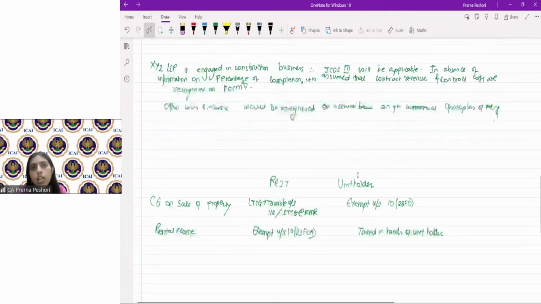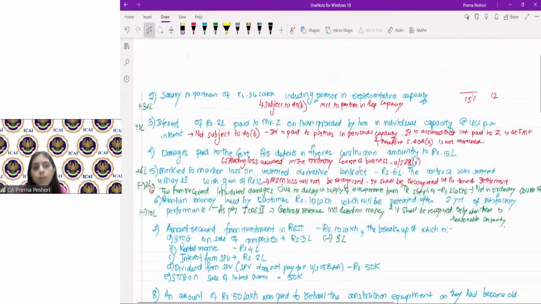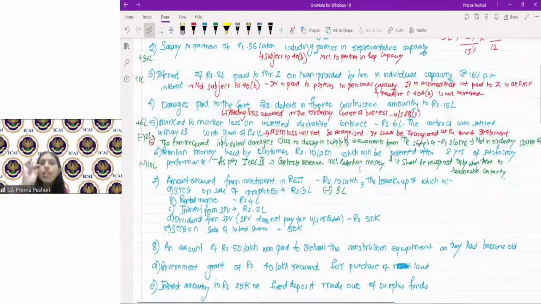But tell me one particular thing. Will this rental income be taxed under the head PGBP? What do you think? Will you consider this rental income here in PGBP only? Are you with me? Yes or no? Are you understanding this question?